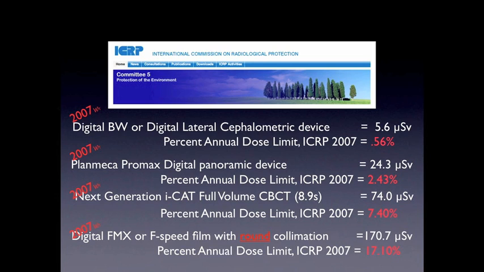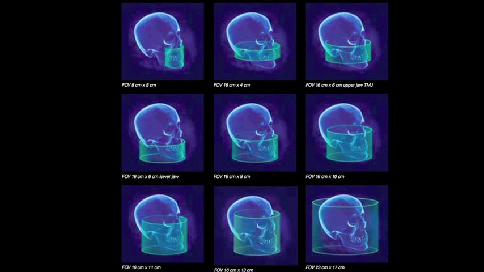It's typically taken using round collimation, which means the exposure level of the CBCT is well below that. Here you can see it's almost 1/2 to 1/3 of a full mouth series of X-rays, and that's using a full volume scan, as we were doing historically with CBCT.